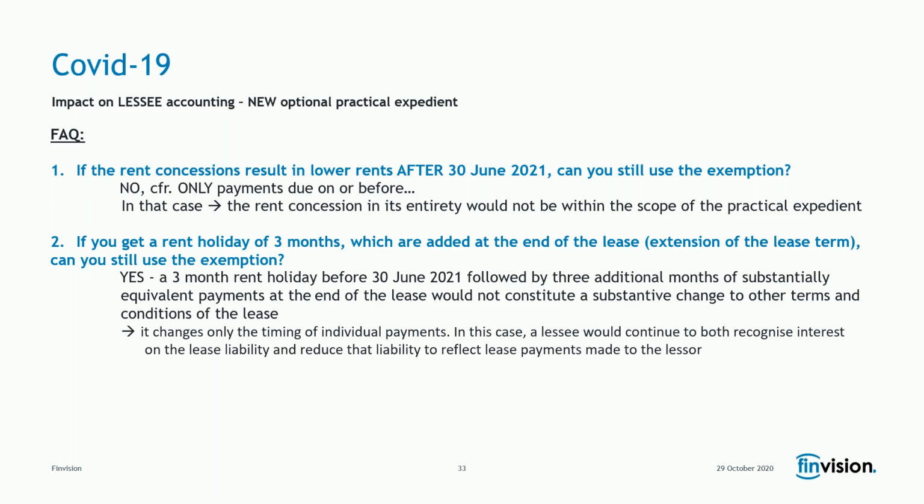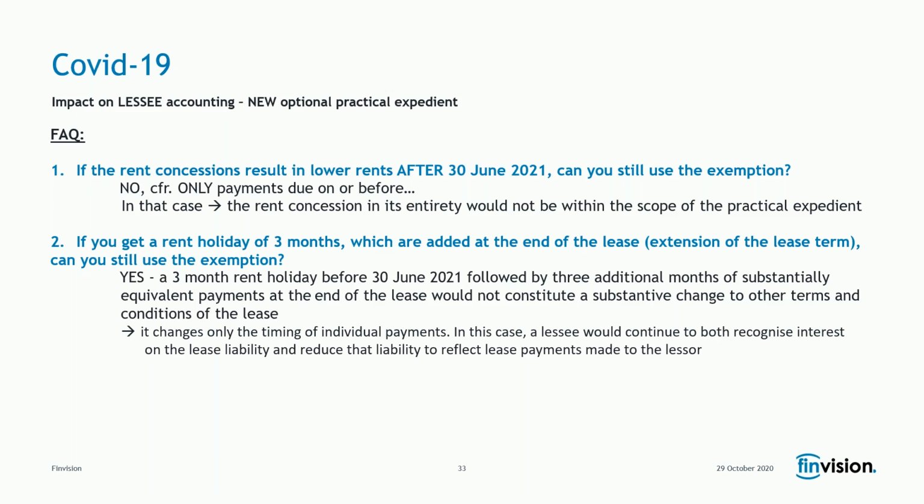The second question: if you get a rent holiday of 3 months, which are added then at the end of the lease term, so in fact you get an extension of the lease term with 3 months, can you then still use the exemption? There the answer is yes. So a 3-month rent holiday before the 30th of June 2021, but compensated with an addition or an extension of the lease term at the end of the lease, there you will be able to apply the practical expedient.